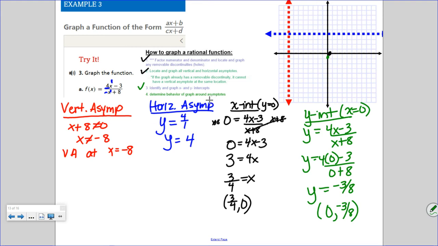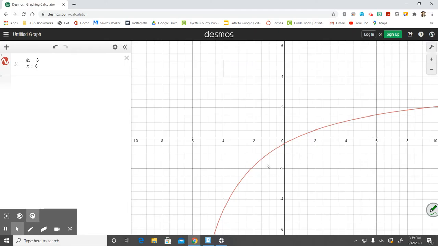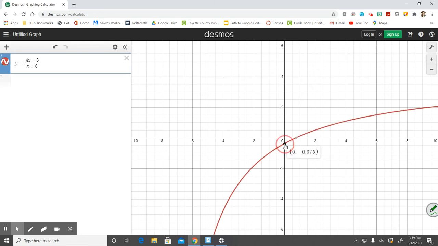So now we're going to graph this on Desmos to figure out what's happening. So here's what Desmos shows when I first graph it. There is that y-intercept at -3/8, and there's the x-intercept at 3/4, 0. And here's what it looks like.